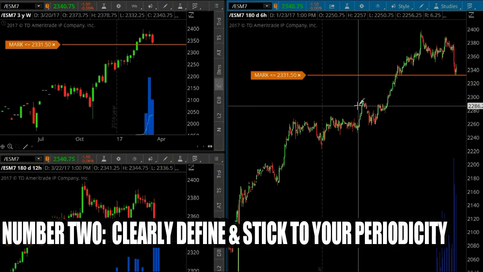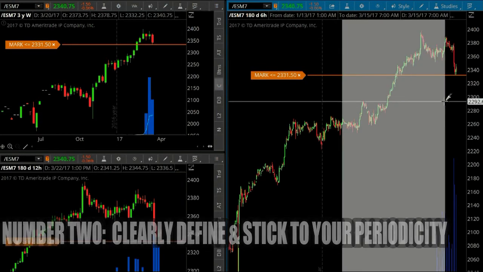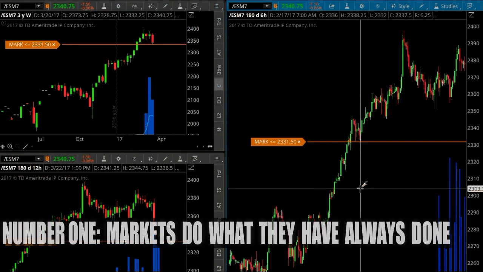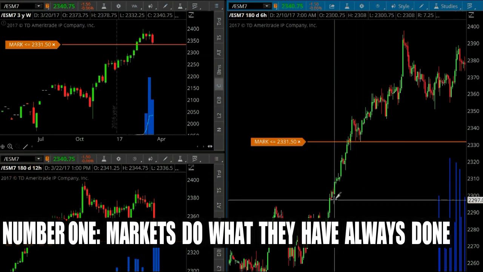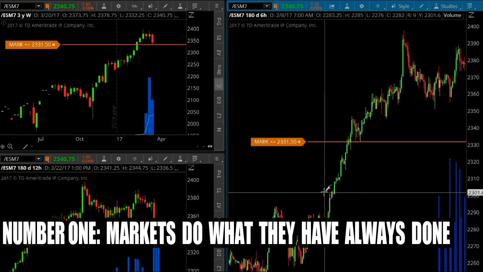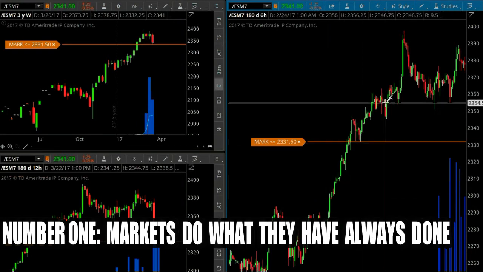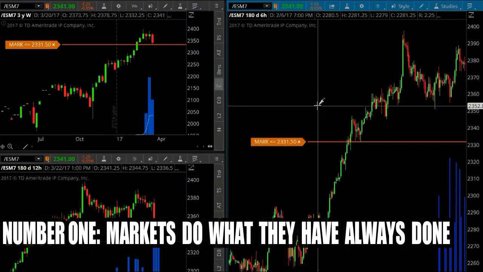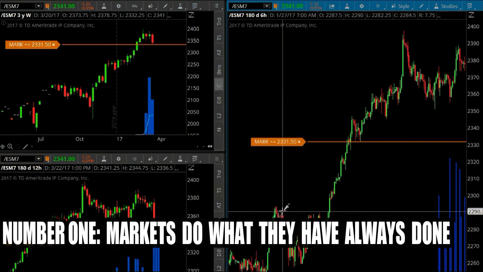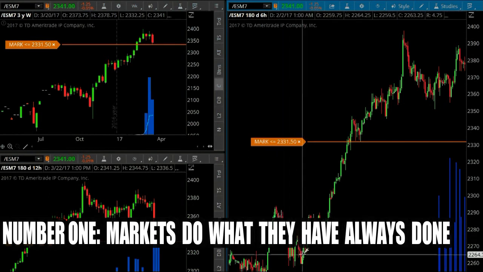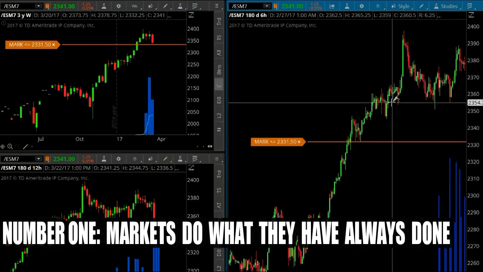But again, going back to point number one, markets tend to do what they've always done. From time immemorial, eons ago, to cotton prices in 1853 to the E-mini S&P 500 futures for the June contract in 2017. They are trending and they stop and they backfill and then they pause a little bit and then they resume the trend.